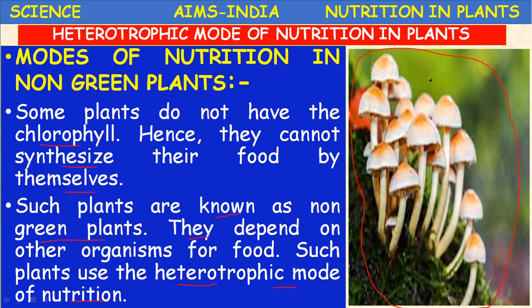Where do you find these fungi? These are specially called mushrooms. Mushrooms are fungi. Where do you find them? They grow on the dead organic matter of plants and animals.